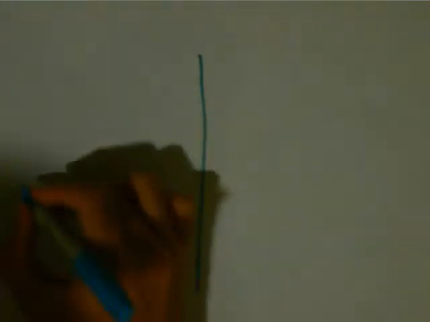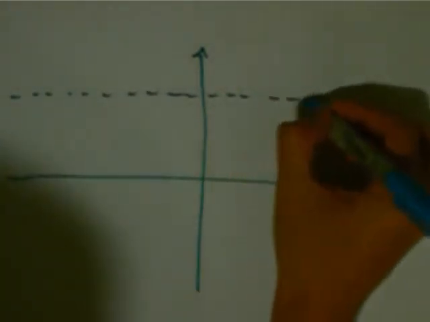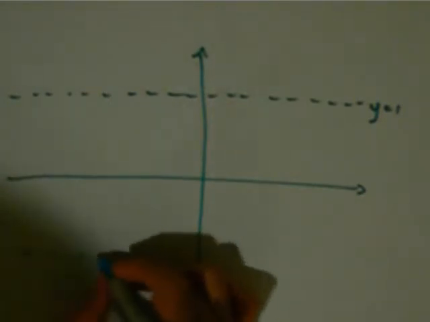Now that we've established our asymptotes, we can begin to draw the graph. So y equals to 1 and y equals to negative 1.